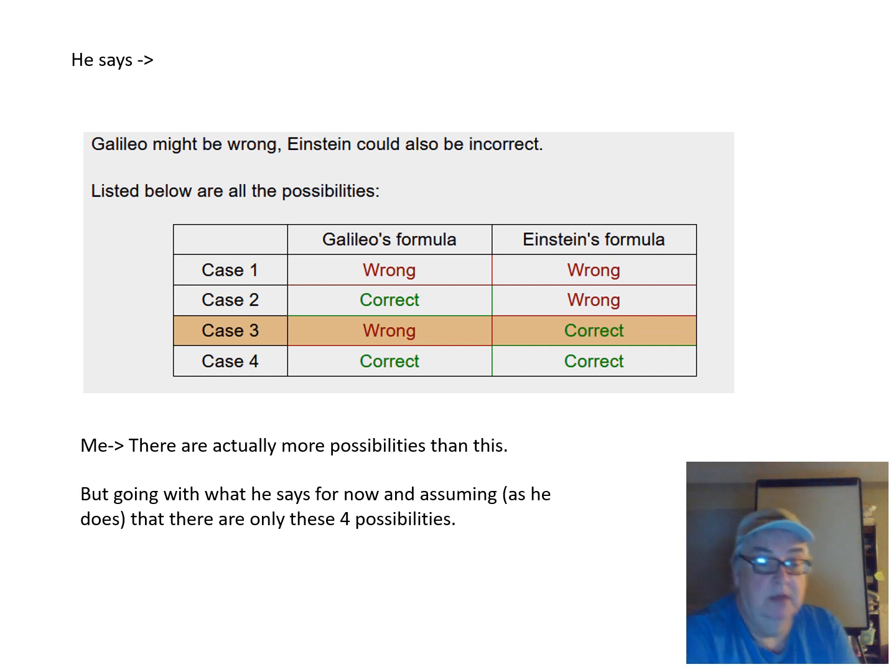Case 3 would be Galileo's formula is wrong and Einstein's formula is correct, while case 4 would be Galileo's formula is correct and Einstein's formula is correct, and he considers these the only possibilities. But actually there are more possibilities than what is given here. But going with what he says for now, and assuming as he does that these are the only 4 possibilities.